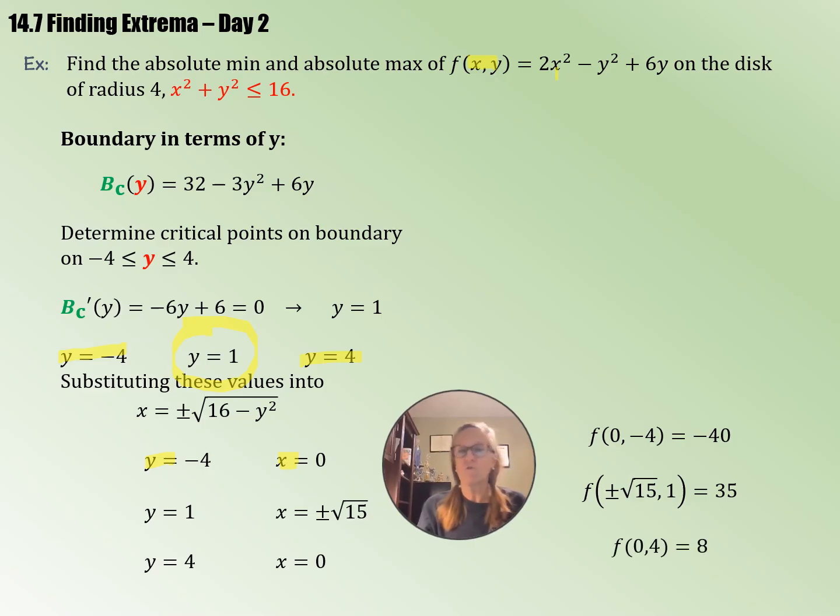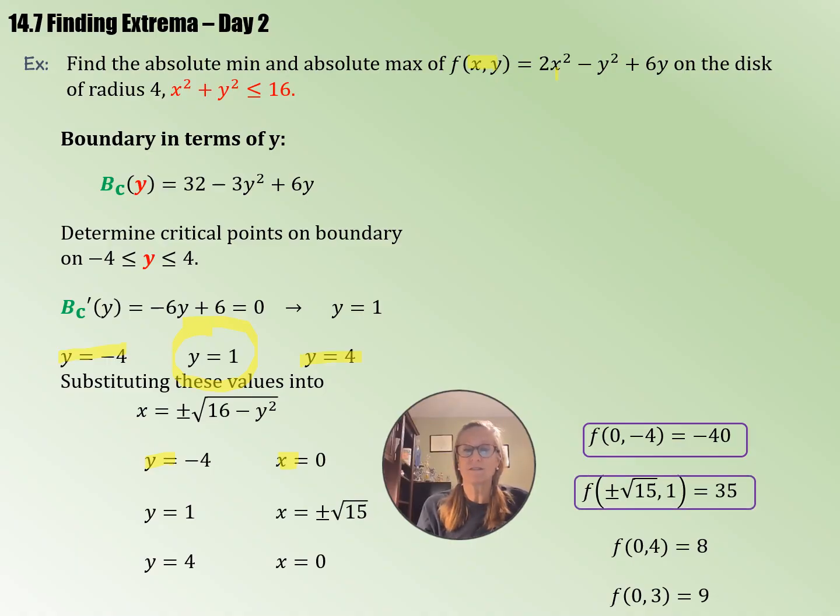Then I plugged in (0, 4), and I got 8. And who am I forgetting? All right. Can't forget the interior, way back at the beginning when we did the interior of the circle, not the boundary. We got our one critical point, (0, 3), with a height of 9. Now who wins? Right, there's my lowest z value, and my highest z value.